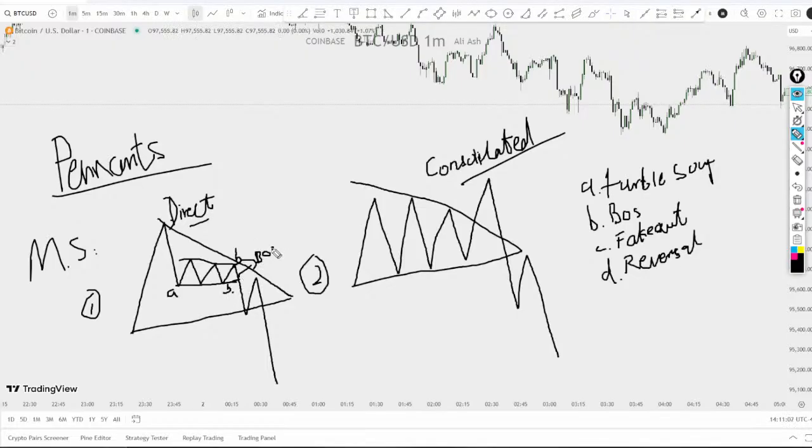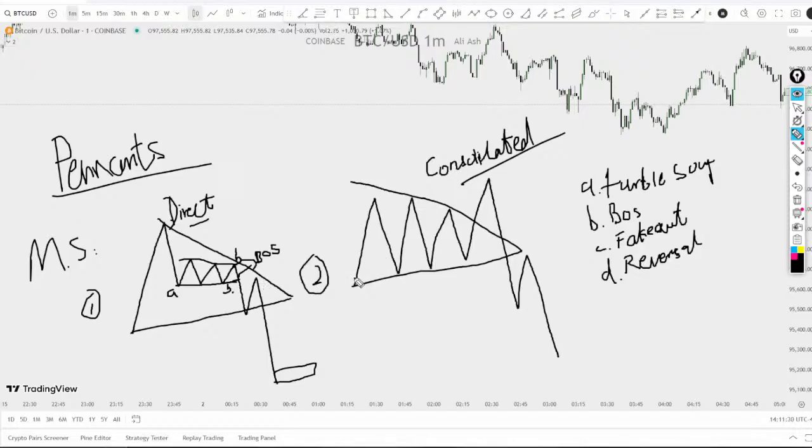The structure is broken and it takes a side. So here we have break of structure, and again we have a fake out. In this we won't see a fake out, we see a direct reversal which comes here at D. So here is the direct reversal.